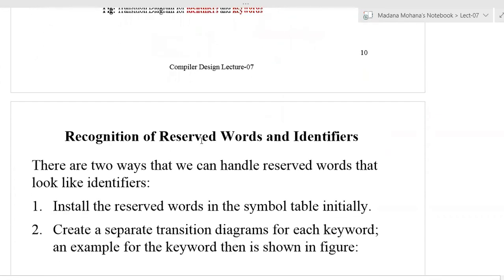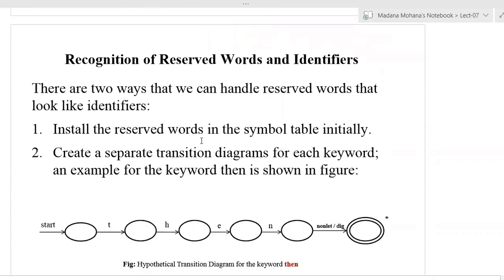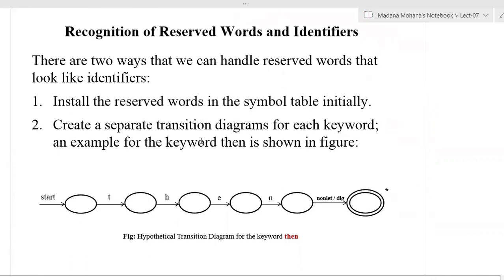Now for keywords separately, we will see another transition diagram. So there are two ways we can handle reserved words that look like identifiers. First one is install the reserved words in the symbol table initially. Second one, create a separate transition diagram for each keyword. As an example, the keyword then is shown below.